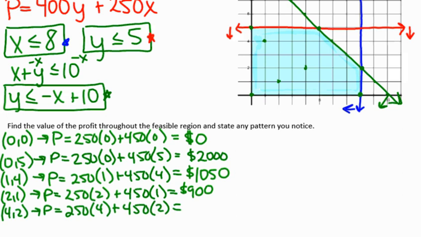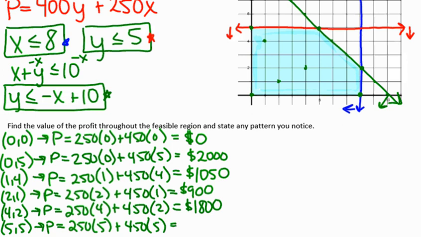That gives me a profit of about, oh, this looks better, $1,800. Try our 5 and 5. 250 times 5 plus 450 times 5. My profit is now $3,250.